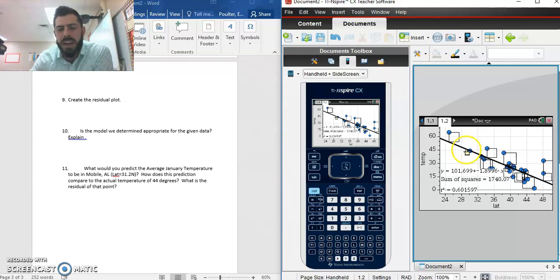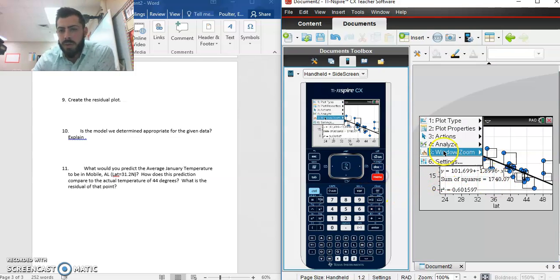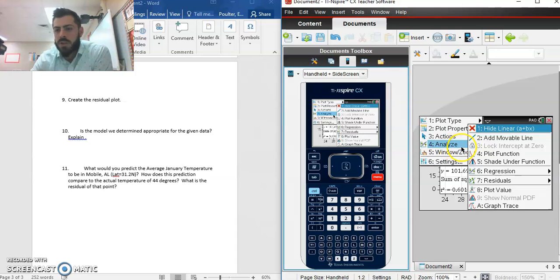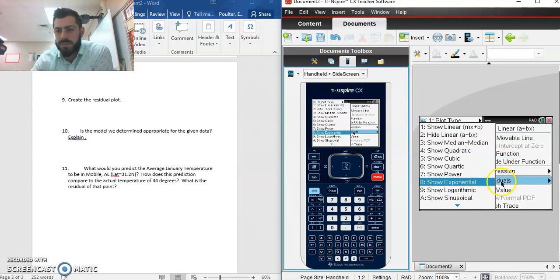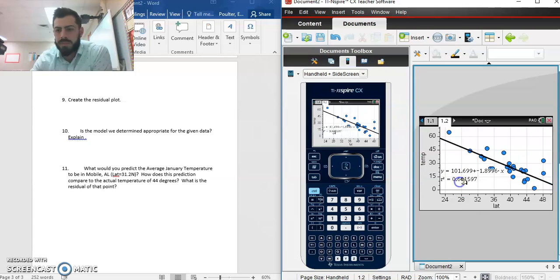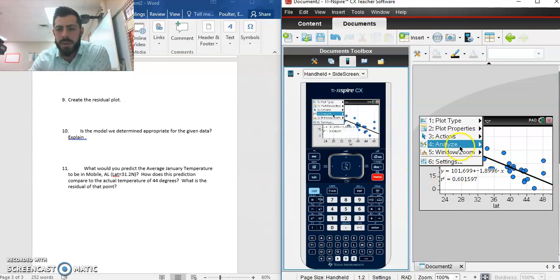If you move this line up or down, as we saw in class, you're going to see larger numbers no matter which direction you go. So let's hide that real quick. What we're trying to do then is, rather than looking at the squares themselves, we want to look at the residual plot, which is very easy enough.